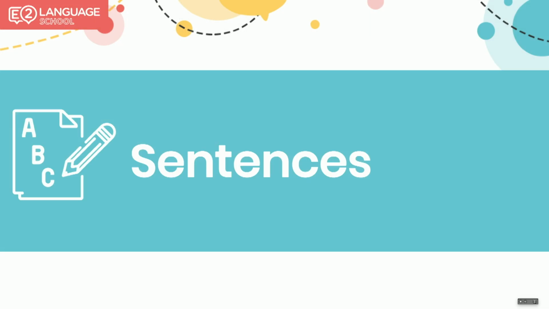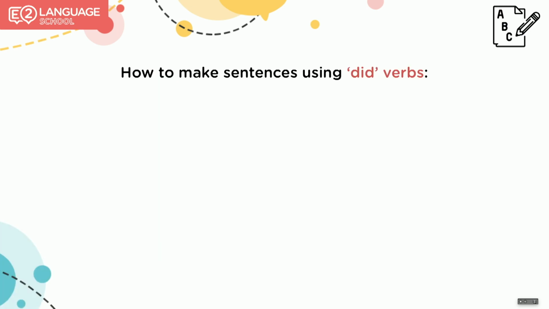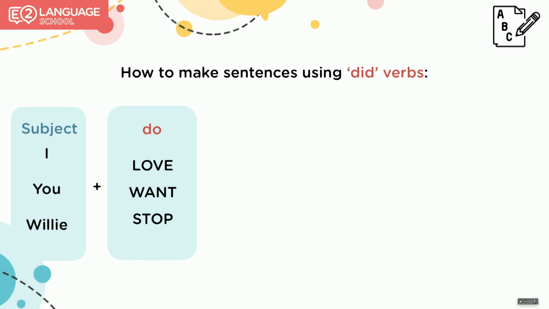So how do we use a did verb in a sentence? Well, we start with a subject like I or you or Willie or a thing. And what we do is we add a do verb. But importantly, what we need to do to make it past, to change it into a past tense sentence, is we add ed.